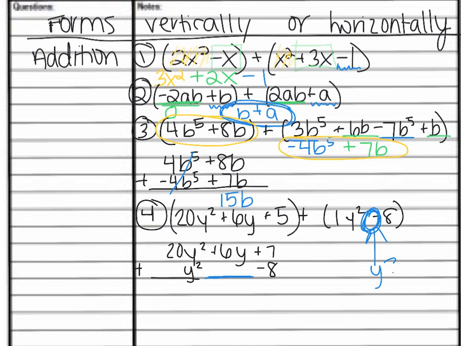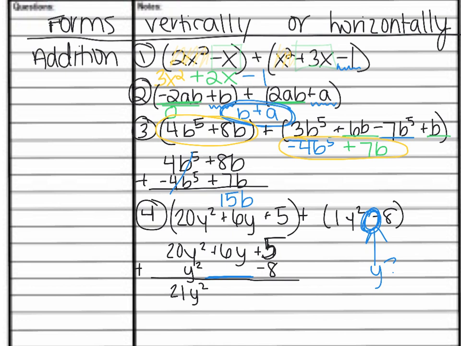Now I'm going to solve. 20y squared plus 1y squared is 21y squared. And 7 plus negative 8. Whoops, how did I get 7? All right, so whoops, I noticed I made a mistake. Let me go back and fix it. This shouldn't be a 7. It should be a 5. All right, so now I'm adding.